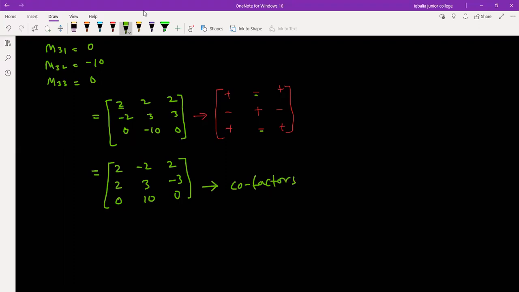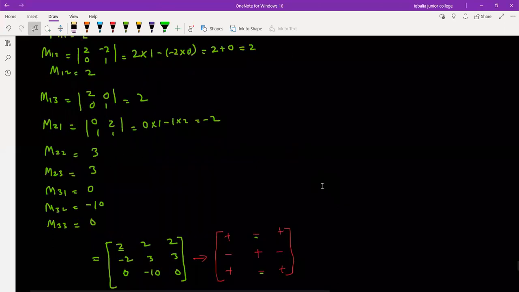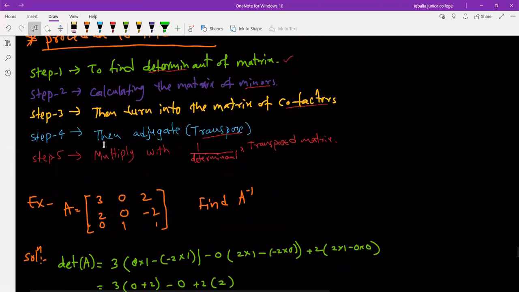Girls, have you understood the trick of how to convert to cofactor? Yes, sir. Okay. So we have done the third step. We found the cofactor of the matrix. Now the fourth step was we have to transpose that cofactor matrix.